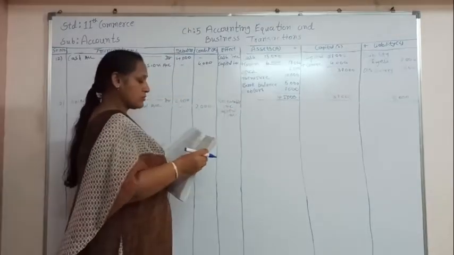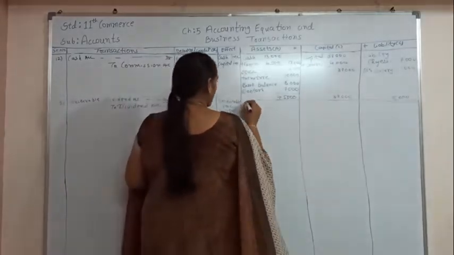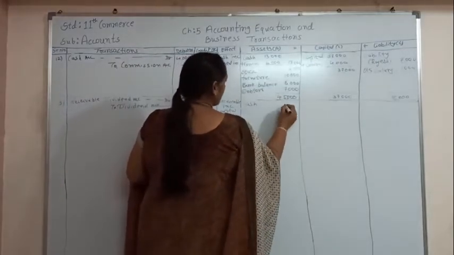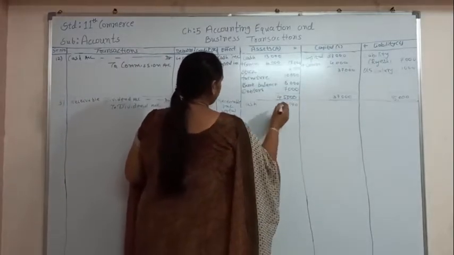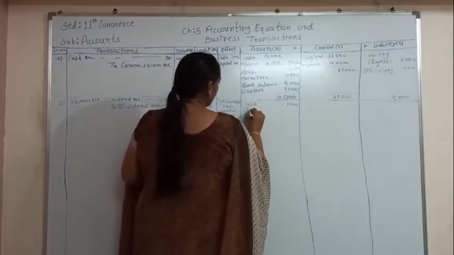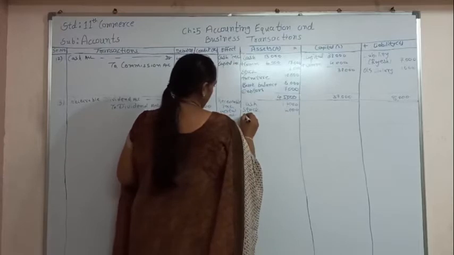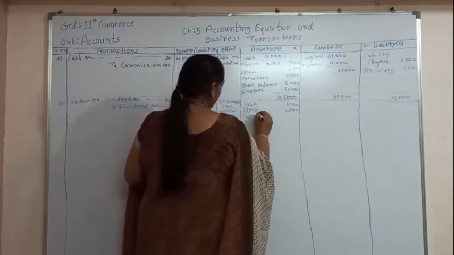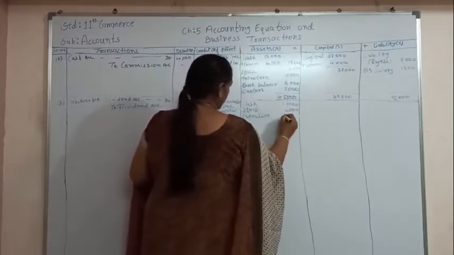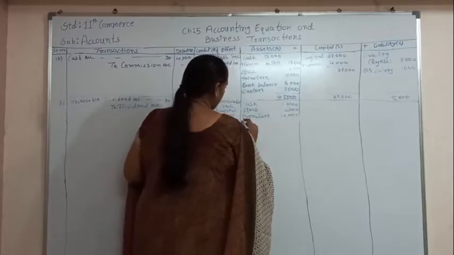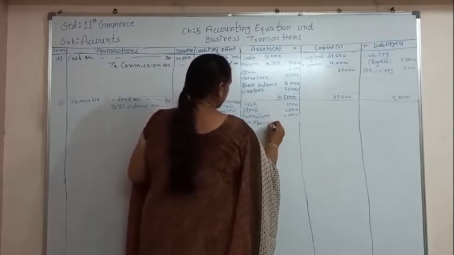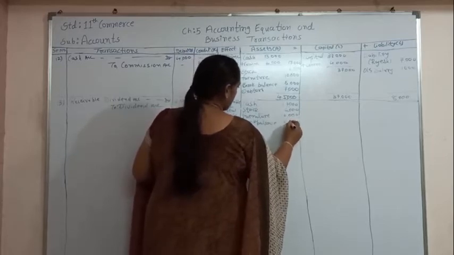So both is going to be increased, and in this situation cash account will be 17,000. Then stock will be 6,000. Then furniture will be 10,000. Then bank balance will be 5,000.